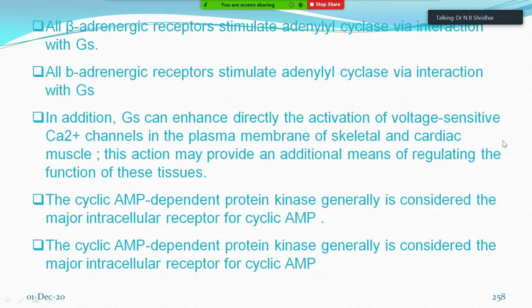All the sequential actions are initiated by binding of adrenaline or norepinephrine to the specific type of receptor, then activation of G protein, then there is an incoming flow of calcium, and also adenosine triphosphate is converted to cyclic AMP, and so many cascades of events take place.